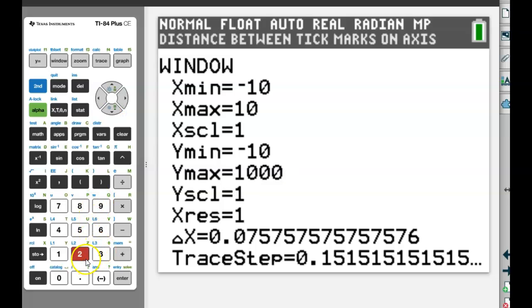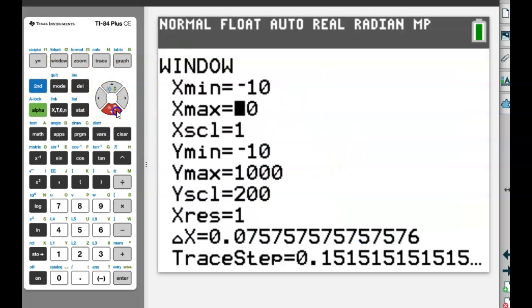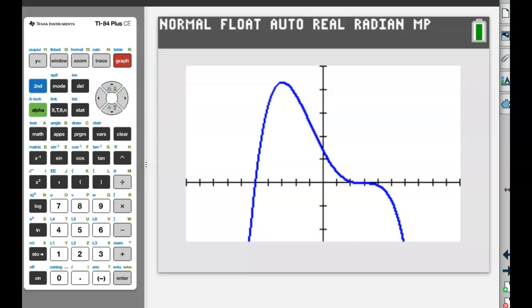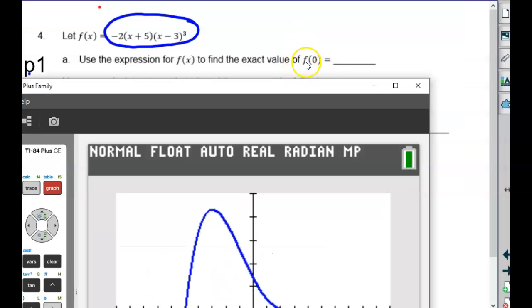Which I'm going to change this then. But it doesn't matter. The scale doesn't matter. Okay, so maybe I should go down a little bit so I can... Okay, so I did -500 to 1,000 for the y's. So this is the general shape, but the bottom line is, how can I find f of 0?